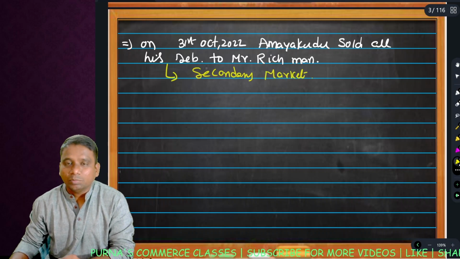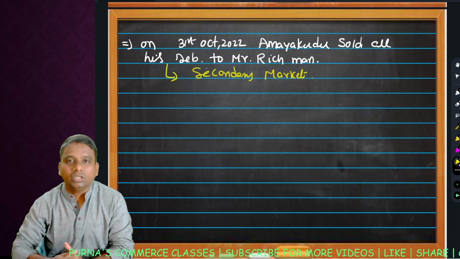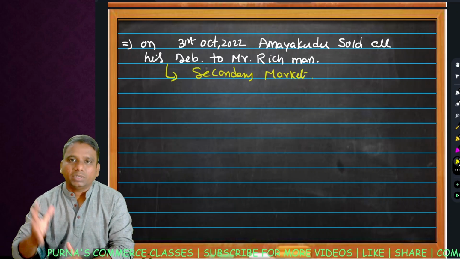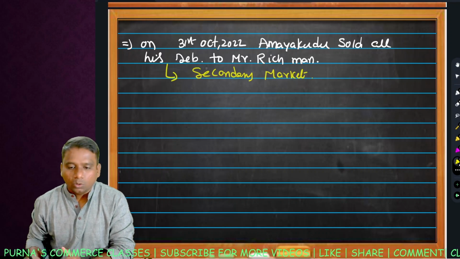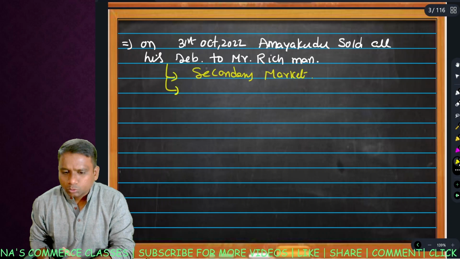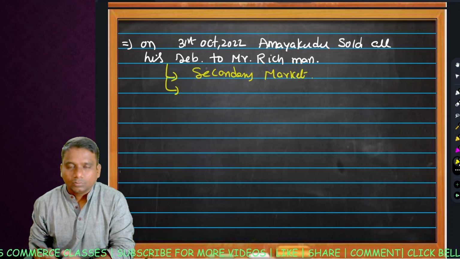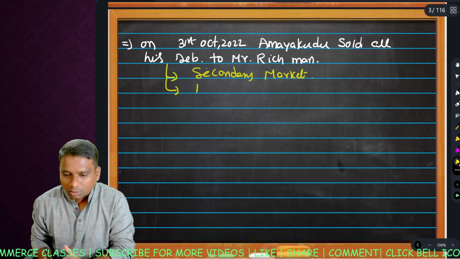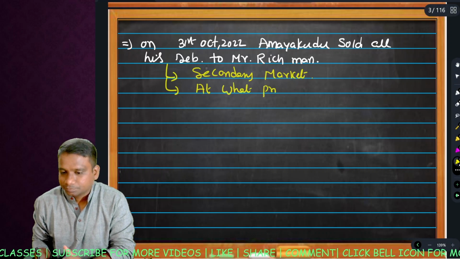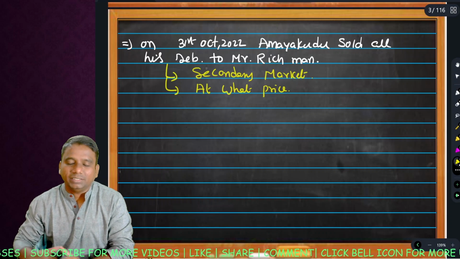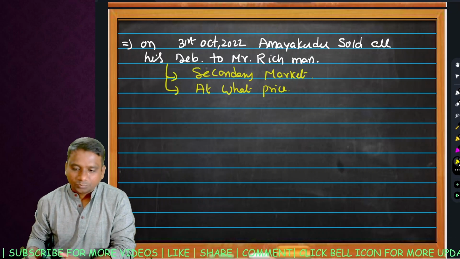What happens in the secondary market? Already issued securities are sold and purchased in the secondary market. Now, Amayikudu sold his investments to Richman. Now the problem comes, at what price?